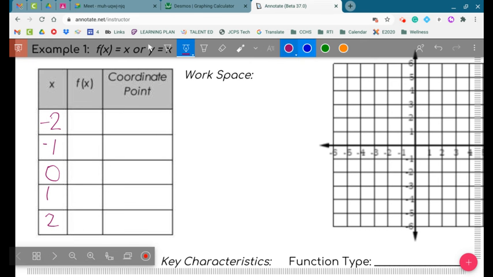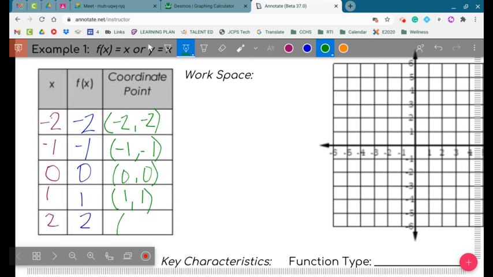Whenever I plug these in, since it's y equals x, whatever your x is going to be the same for your y value. So linear is pretty easy. Our ordered pairs are going to be -2, -2, -1, -1, 0, 0, 1, 1, and 2, 2.